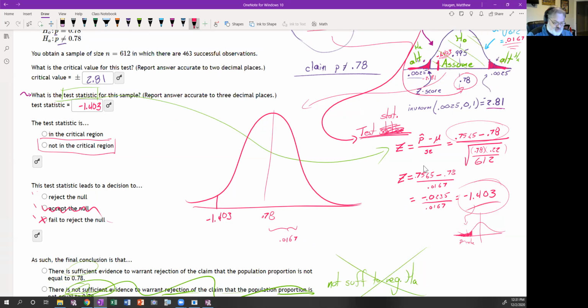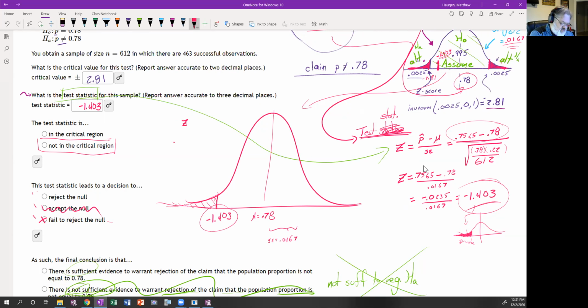If we were back in chapter 7 and I said our mu was 0.78, our standard deviation, though this time it's called standard error, but it's still a standard deviation, is 0.0167, and asked you to find the proportion or the probability or the area under that portion of the curve, you could do that, right? You would either use your normal distribution tool in the calculator, or if you wanted to be a little more hands-on, you would go to your table, and that's your z-score.